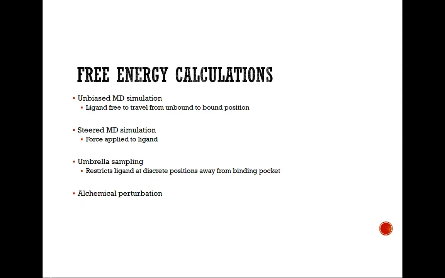And that requires a lot of non-equilibrium data that you would eventually extrapolate equilibrium energy information from using the Jarzynski relation. And then umbrella sampling is when you pull the ligand away from the binding pocket at discrete positions, so that way you can more directly get equilibrium information. And then they get into a lot of alchemical perturbation, which is what this paper is really about. So next slide, please.